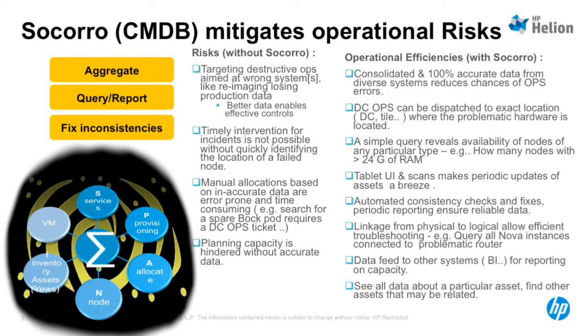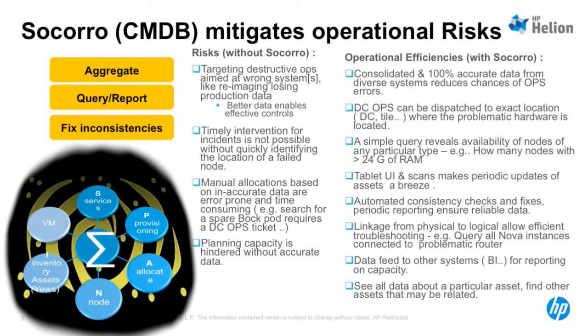A simple query can be used to highlight and find nodes of any particular type to host services. And we have also developed a system wherein we have asset scans of our hardware, and this makes it possible for us to do periodic scans and ensure that the asset data is 100% accurate.